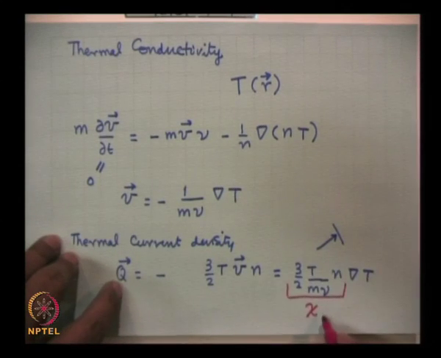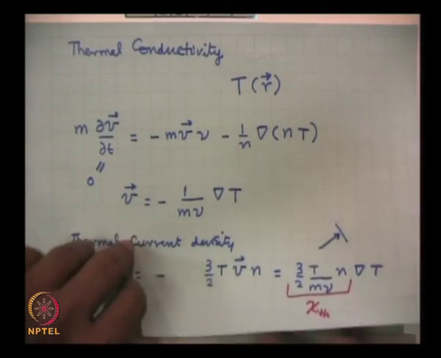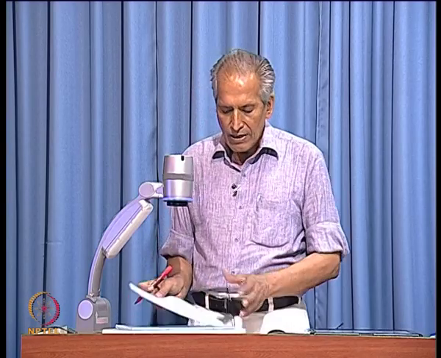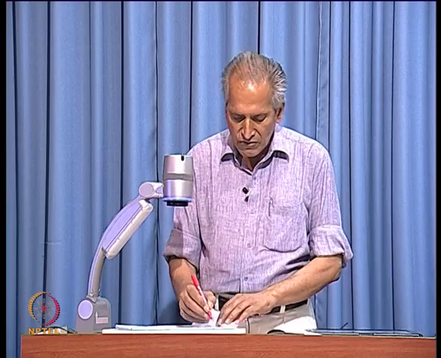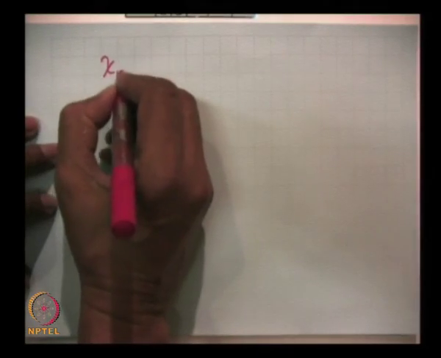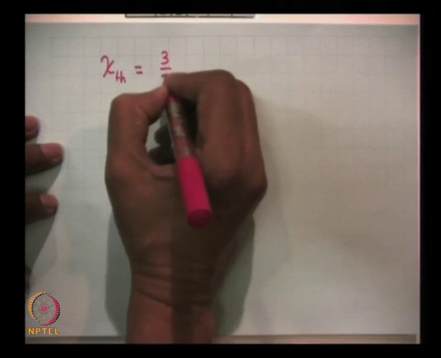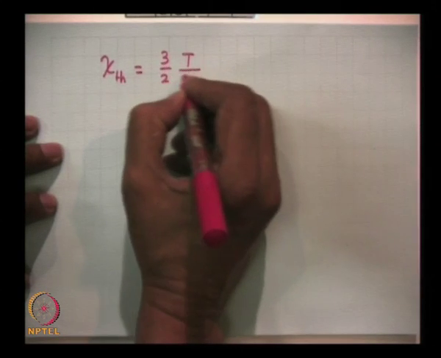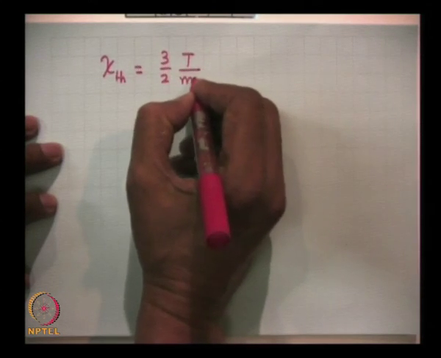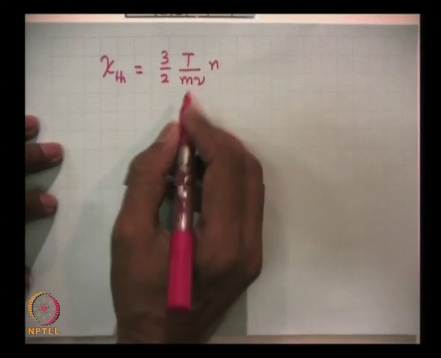Let me write k Th to designate thermal conductivity, and I can write this expression for thermal conductivity is equal to 3 by 2 T upon m nu into n.